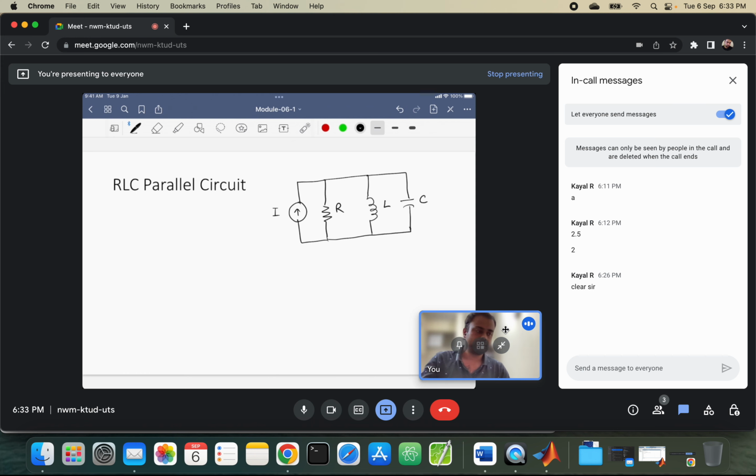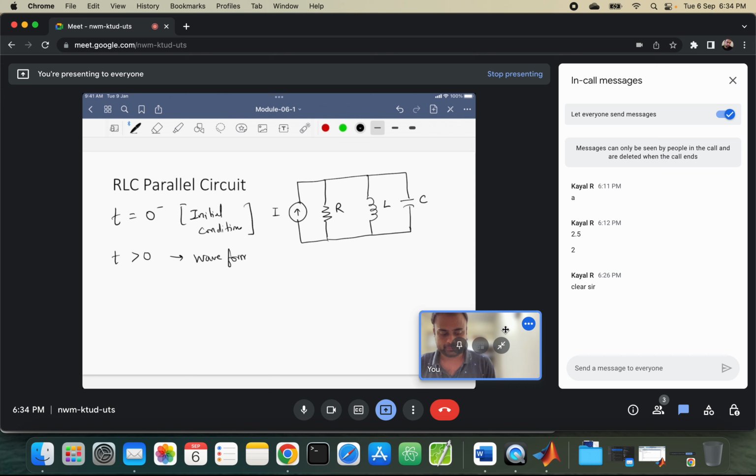So again, the process will be simpler. We will first of all find the initial conditions, that is, at t equals to 0 minus, what will be the conditions; these are called initial conditions. And the second case is at t greater than 0, we'll find the waveform.